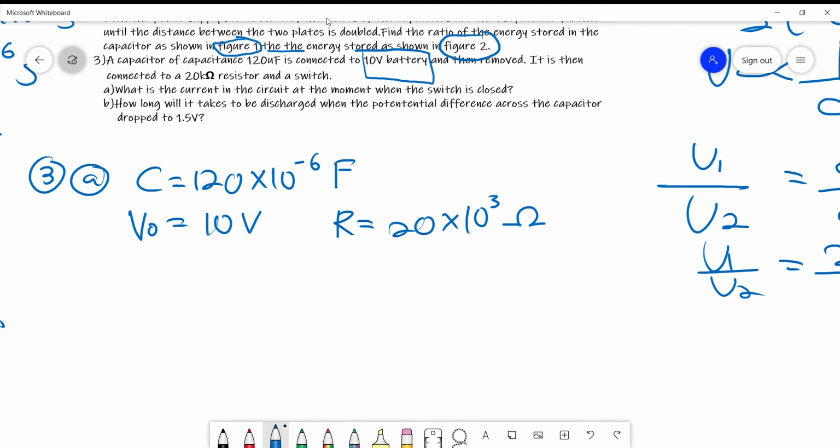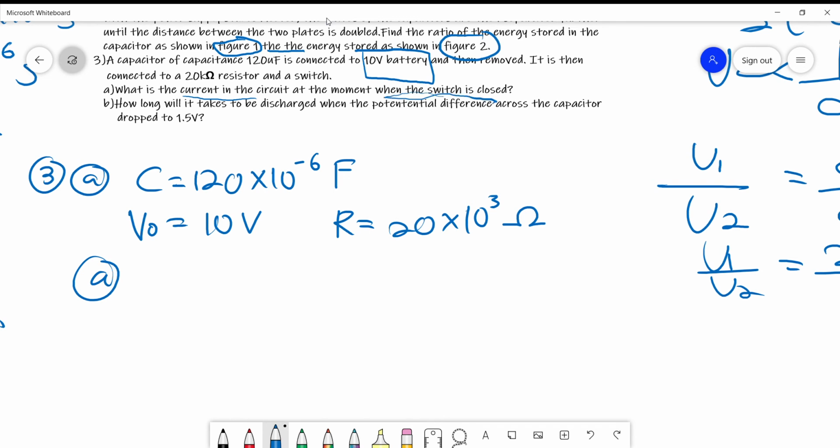When the battery is removed, it is connected to the 20 kilo ohm resistor, so the capacitor is then allowed to discharge. What is the current in the circuit at the moment when the switch is closed?